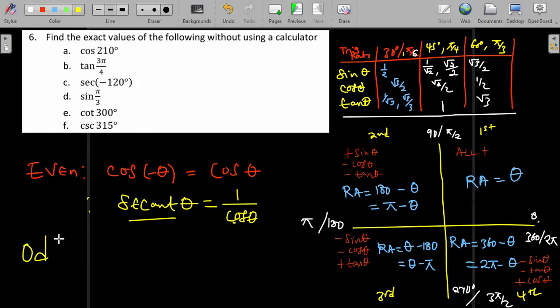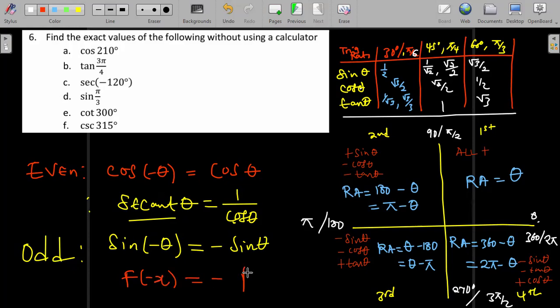And then for the odd ones, we have the sine. Meaning sine of minus theta is equal to minus sine theta. Remember the definition of an odd function? We said f of minus x should be equal to minus f of x. This is what we see here in the case of the sine.